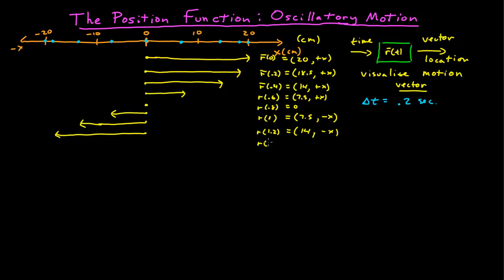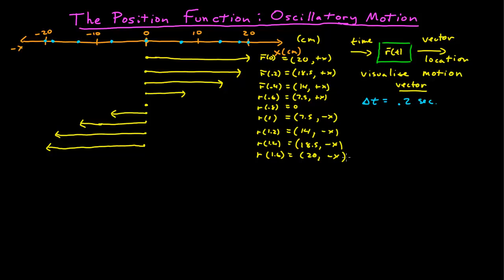Then at 1.4, it has an 18.5 magnitude along the negative x. And then r of 1.6, then 20 along the negative x.